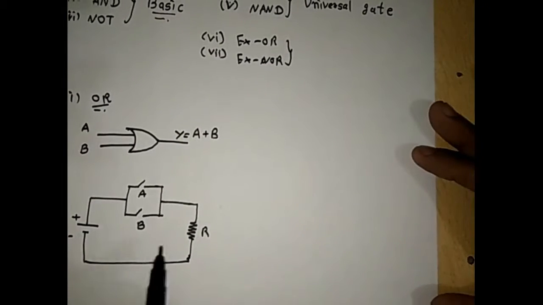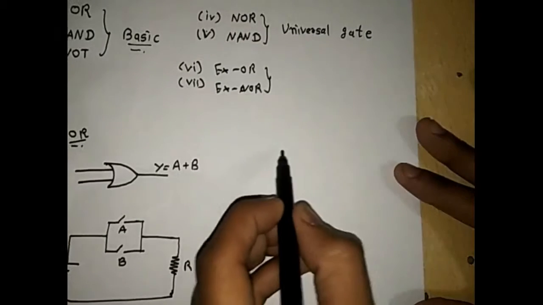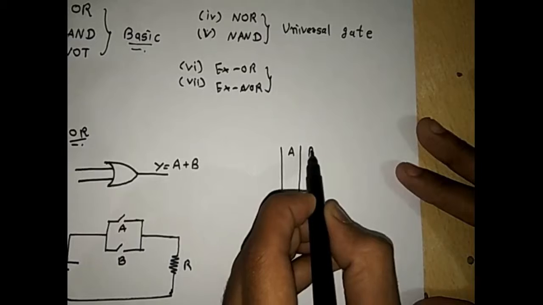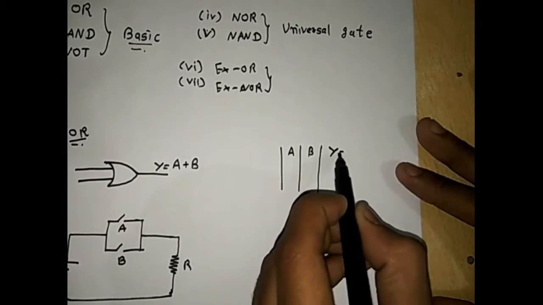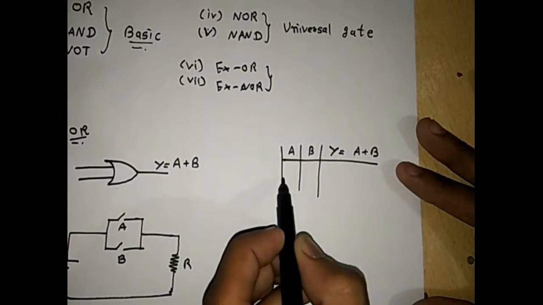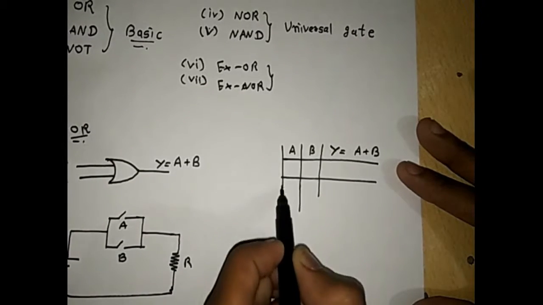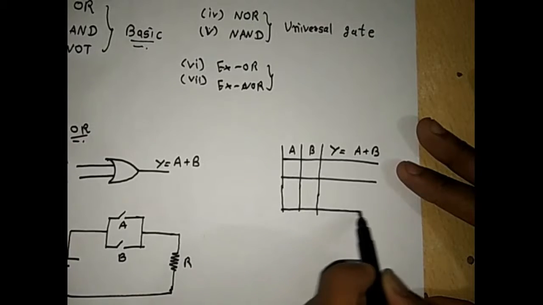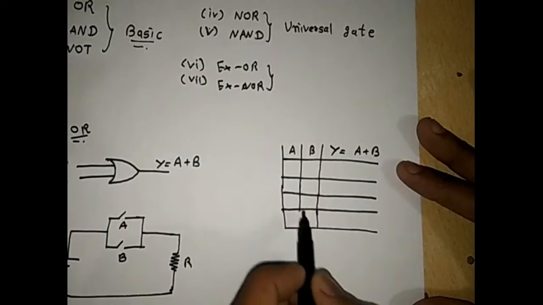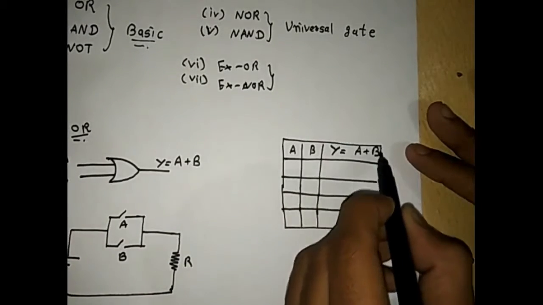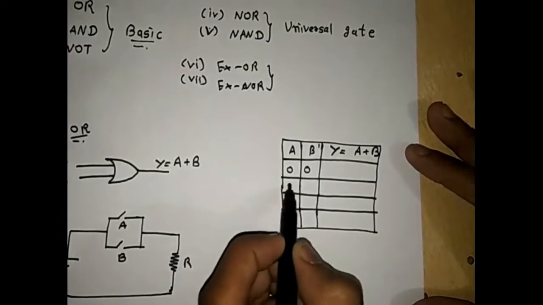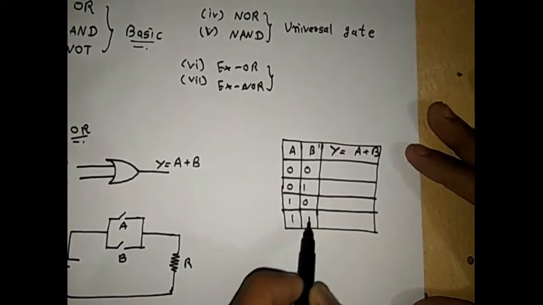So for the truth table of the OR gate, we will have column A, column B and column Y equal to A plus B. Here, because we have two variables, we have 4 input combinations: 0 0, 0 1, 1 0 and 1 1.